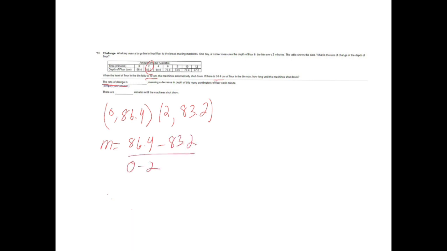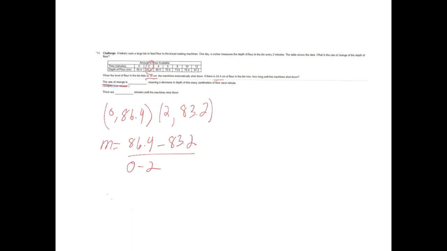And so I'm just going to take two ordered pairs, 0 and 86.4, and 2 and 83.2, and I'm going to do the slope with it. So I'm looking for my change in y, 86.4 minus 83.2, over my change in x, 0 minus 2.